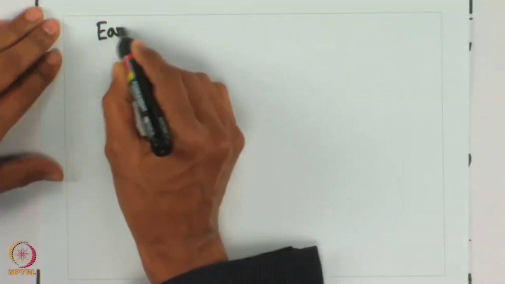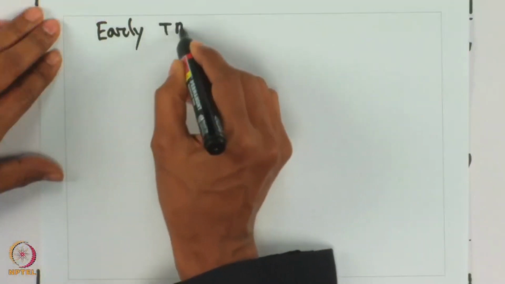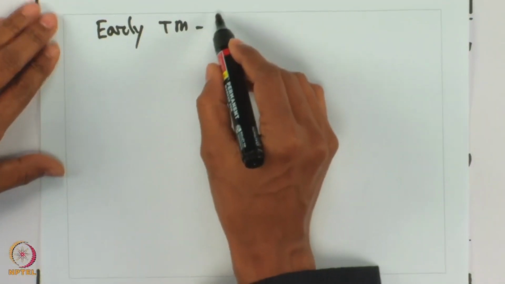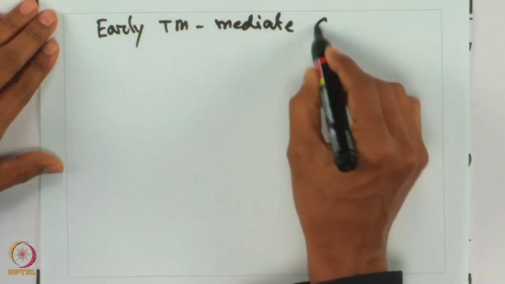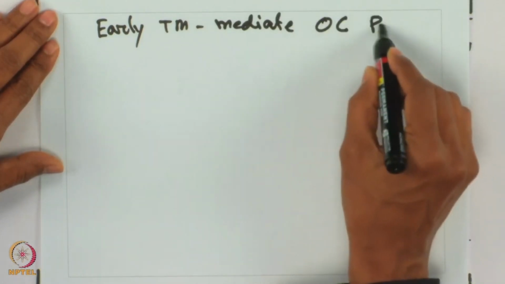So, we are going to look at oxidative cyclization processes where these early transition metals are involved. Early transition metal mediated oxidative cyclization processes.